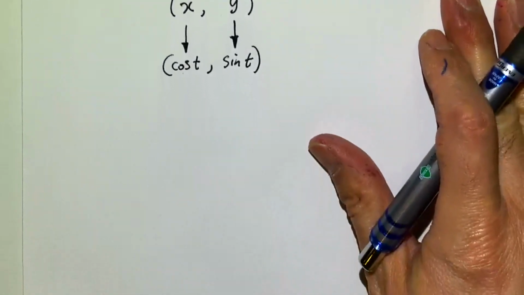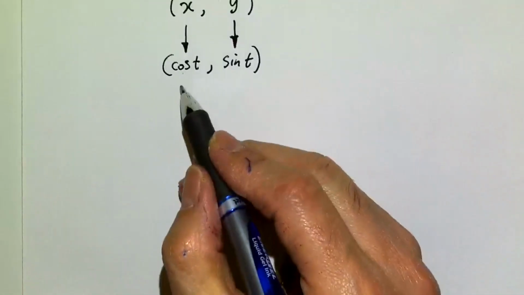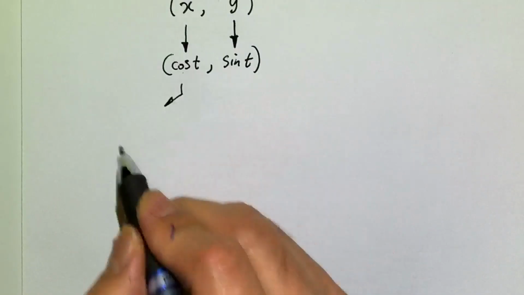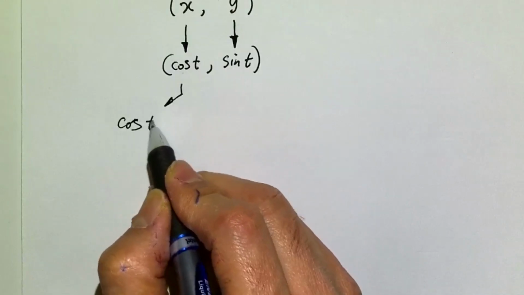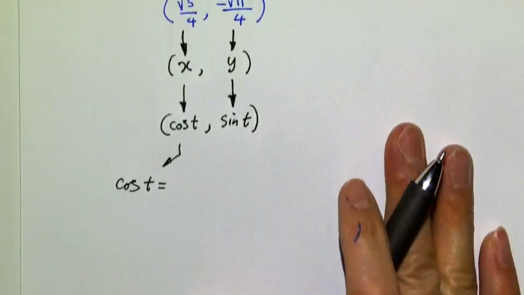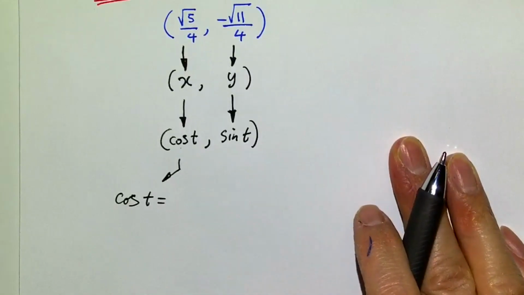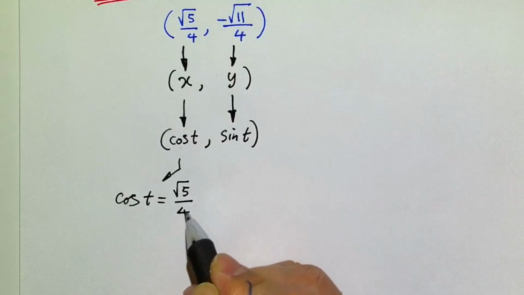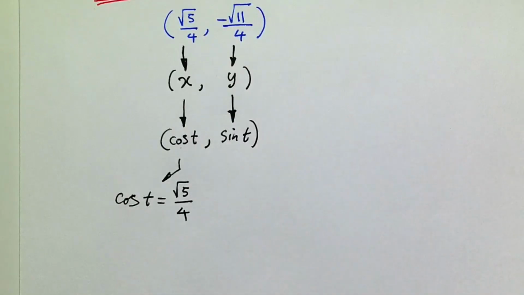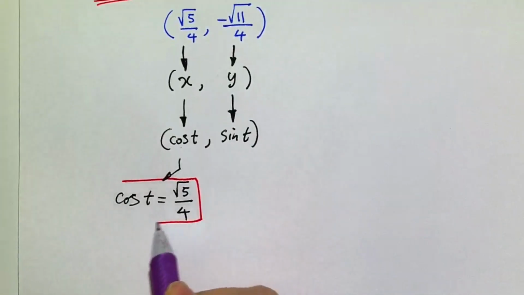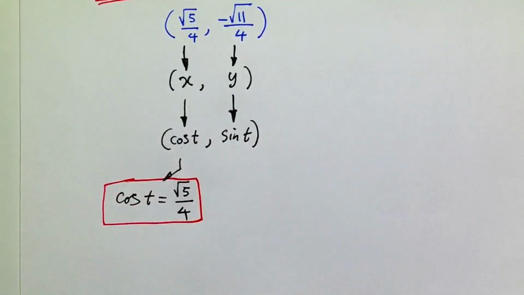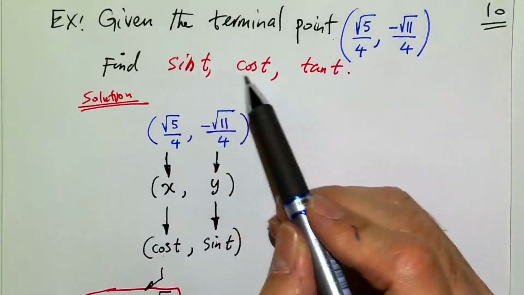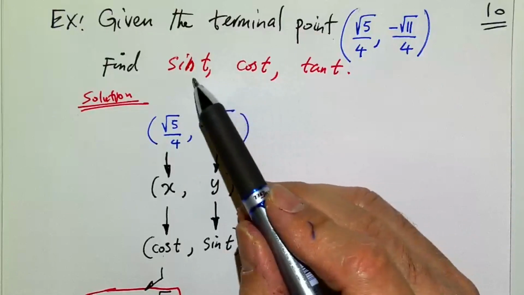Okay, so then that's too easy. Cosine of t is equal to square root of 5 over 4. Notice we didn't have to do any calculations. And sine of t, these two are immediately known, right?